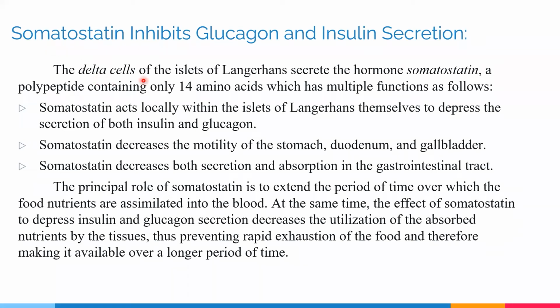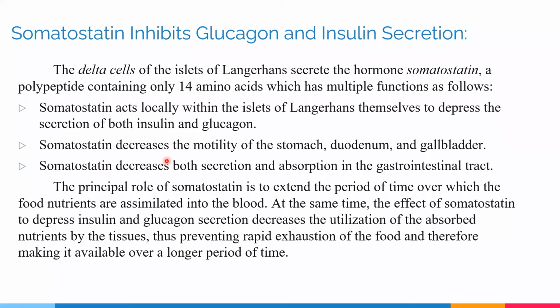The delta cells of the islets of Langerhans secrete the hormone somatostatin, a polypeptide containing only 14 amino acids, which has multiple functions as follows. Somatostatin acts locally within the islets of Langerhans themselves to depress the secretion of both insulin and glucagon.